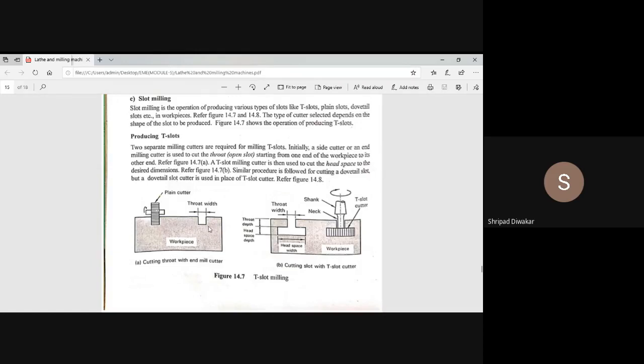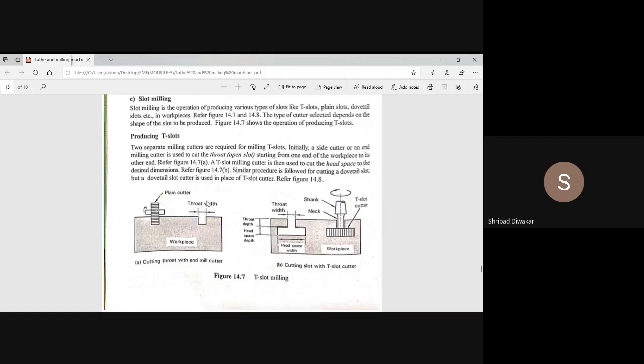First we have to cut the throat width using an end mill, because the shank will be inserted inside the workpiece. So first we have to cut the throat according to the width of the T-slot cutter. It is very essential to cut the throat width.